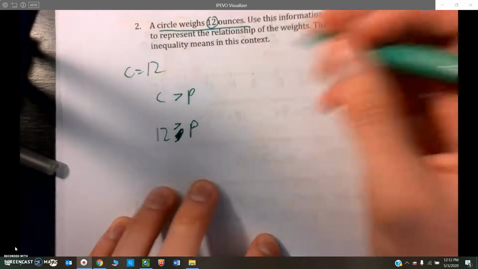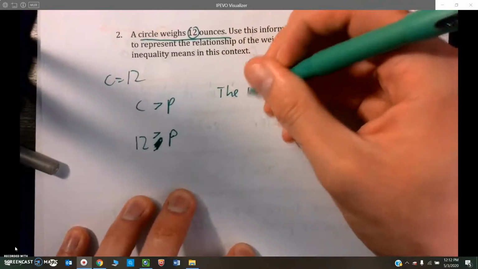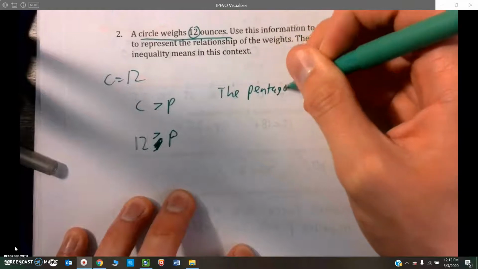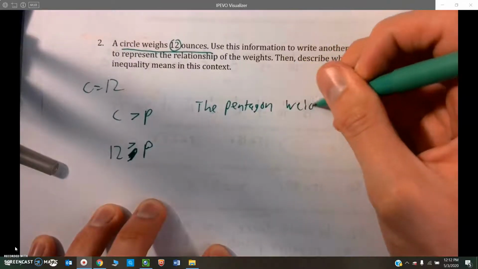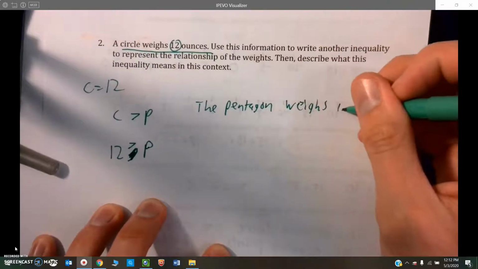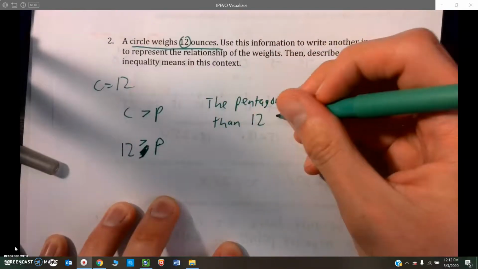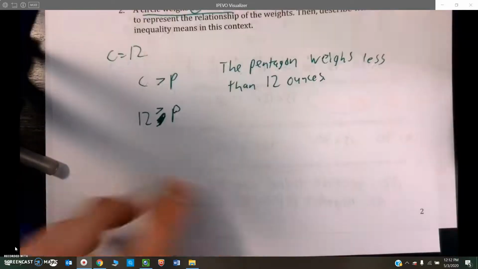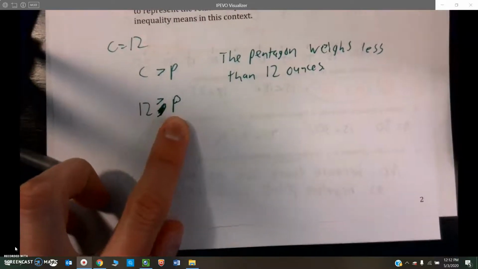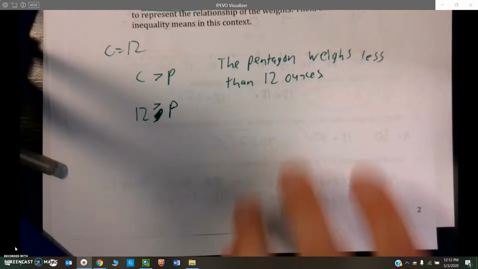So that means that the pentagon weighs less than 12 ounces. 12 is greater than the weight of the pentagon, so the pentagon weighs less than 12.